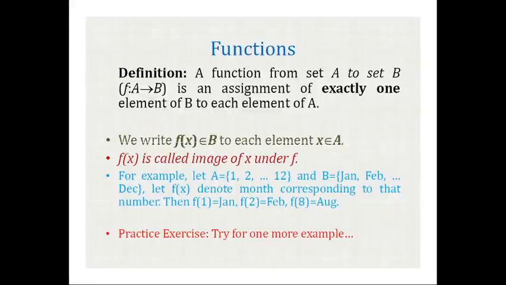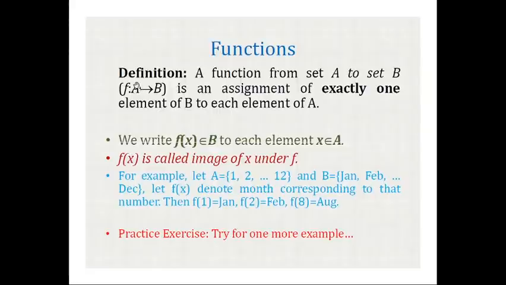There are many names for it, that maps exactly one element of B to each element of A. A single element of A can never be mapped to two elements of B. But two elements of A sometimes may map to the same element of B. For example, you can take f of x equal to x square. Then f of 1 is 1 and f of minus 1 is also 1.